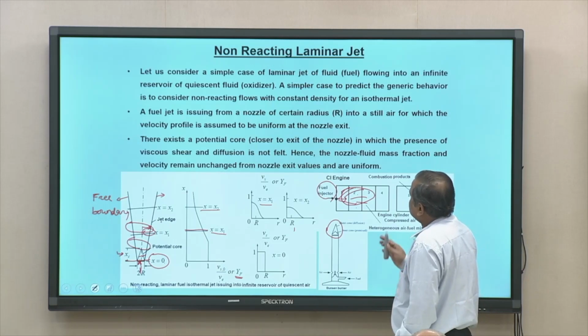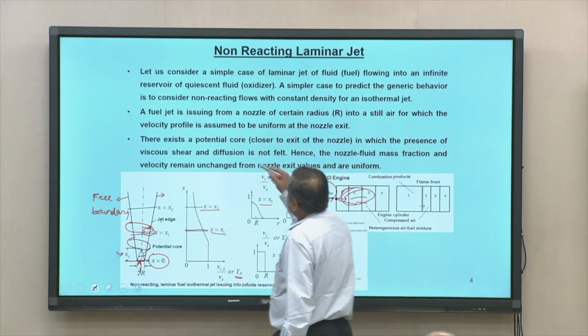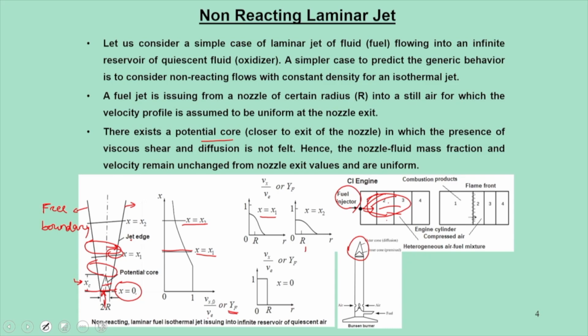Then the next step is, what is the fundamental behind this? What we have is, first, a potential core. Second, we have the presence of viscous shear. Third, the effect of diffusion.